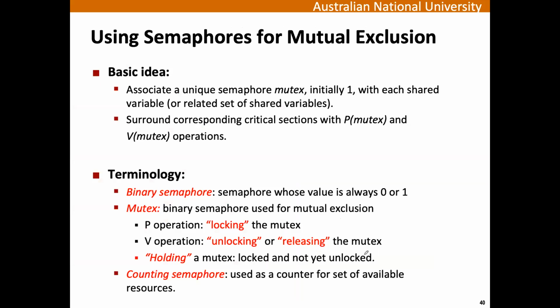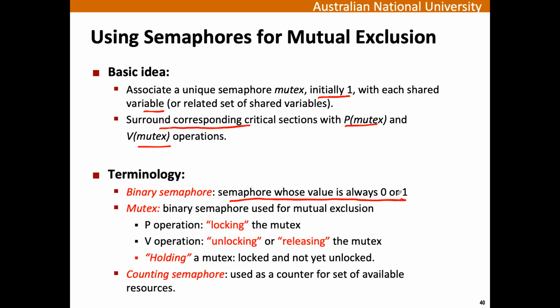So using semaphores for mutual exclusion, we are going to associate a unique semaphore mutex, initially 1, with a shared variable. And we are going to surround the critical sections with P mutex and V mutex operations. A binary semaphore is one whose value is always 0 or 1.